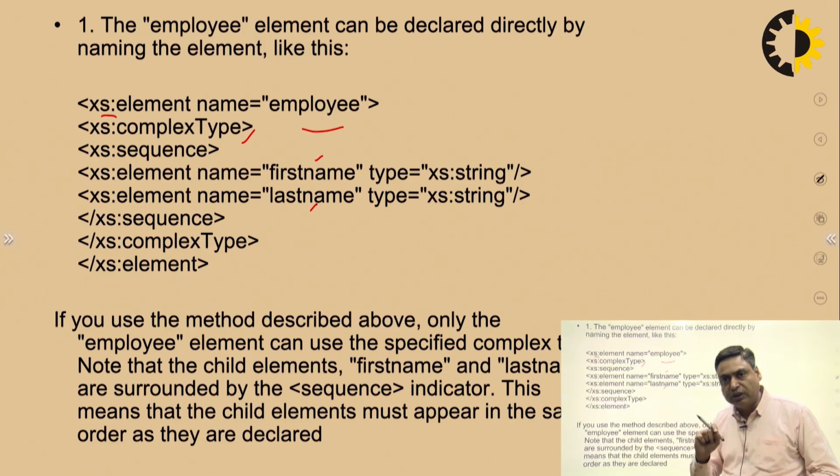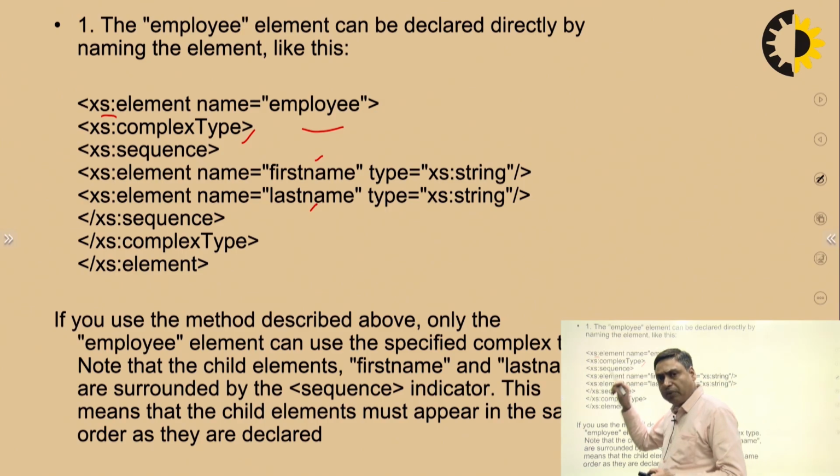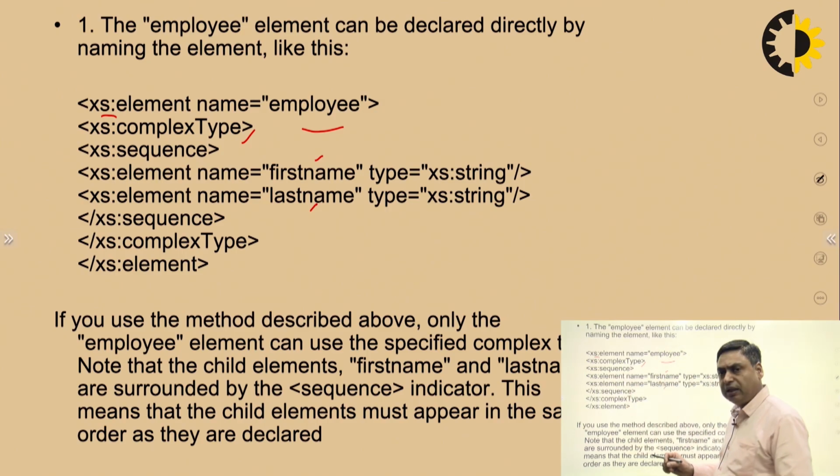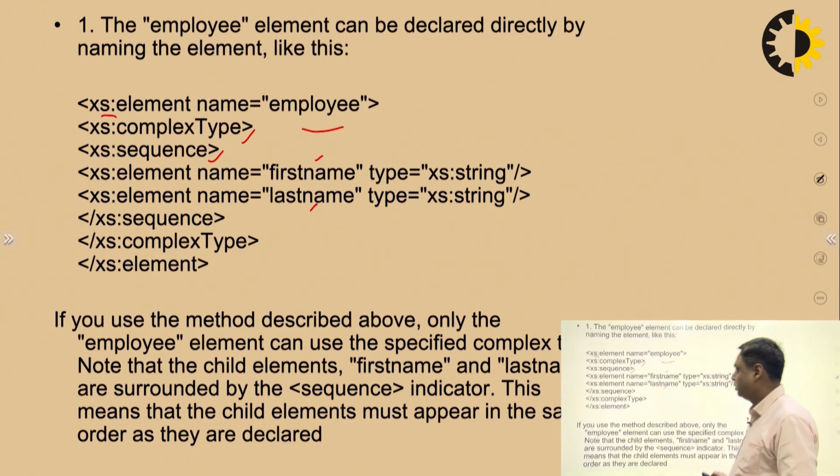So, we want to put the sequence. If this sequence must be there and it is not available, then we call the XML file an invalid file. Now, to maintain the sequence of the elements, we are using the sequence indicator.